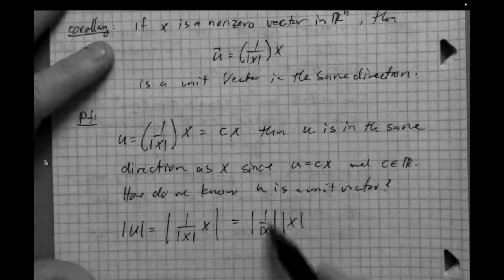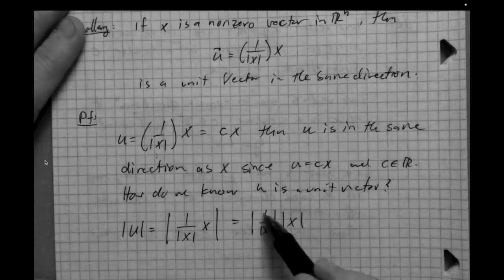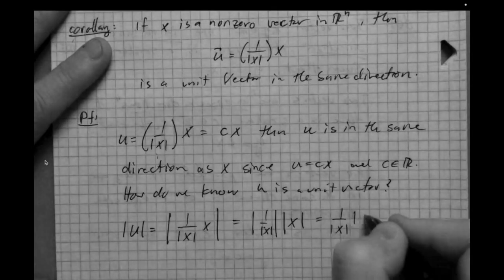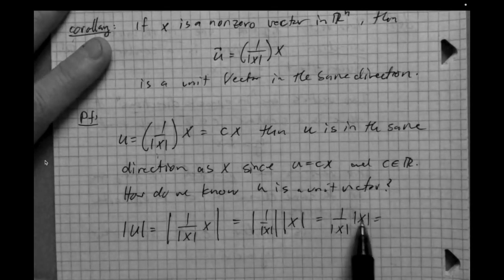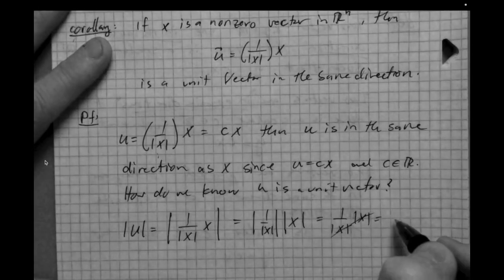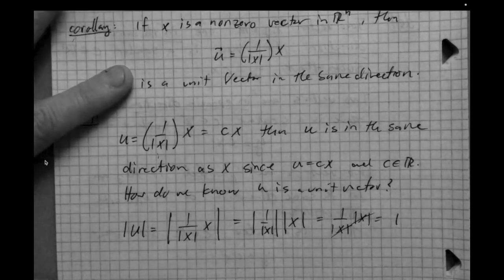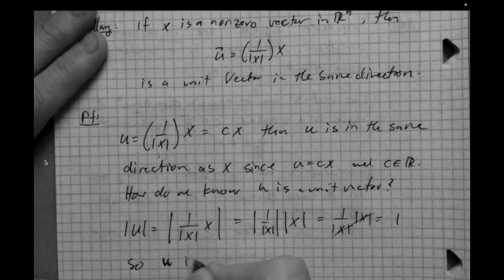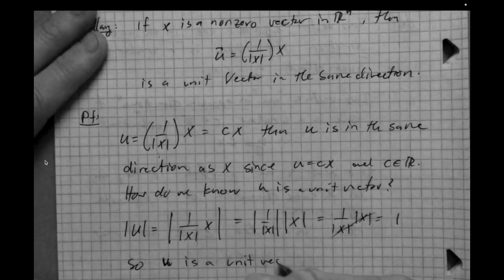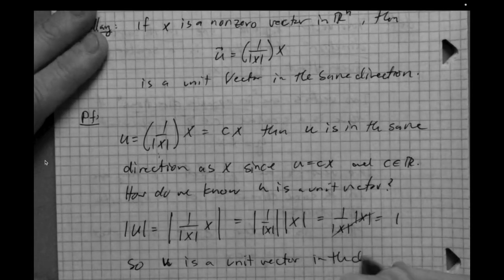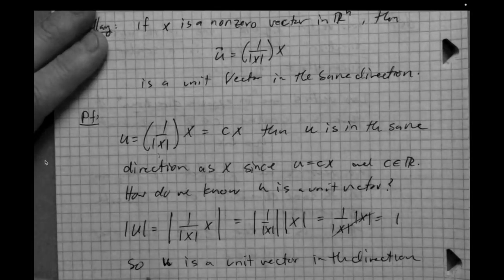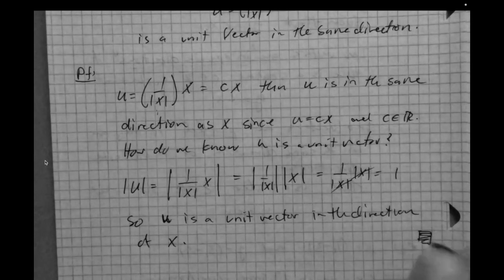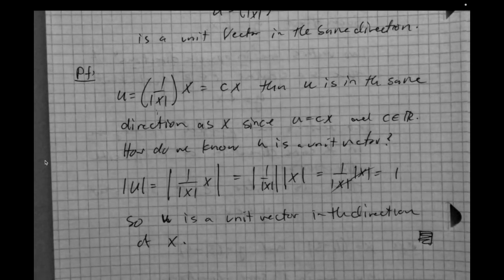The absolute value of 1 over the norm is positive, so this is 1 over the norm of x times the norm of x. You get this nice cancellation, and you are left with 1. And so u is a unit vector in the direction of x, as intended. That's what we wanted to see.